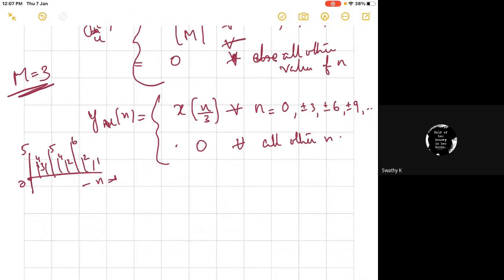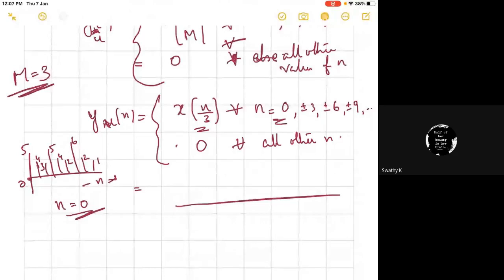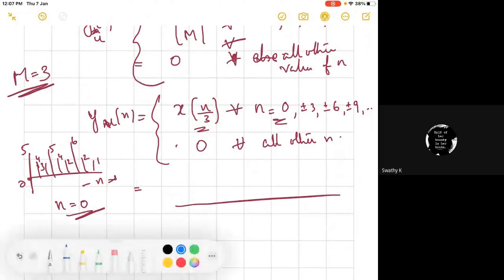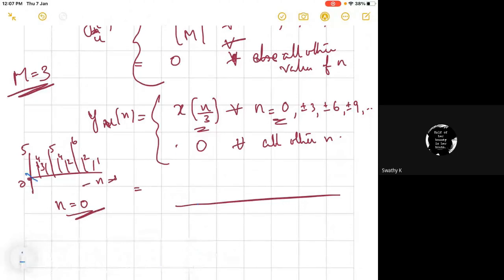To upsample this, for n equal to 0, x of n by 3 is x of 0, so y of 0 and x of 0 are the same, so you write the original value 5 here. Then what about n equal to 1? It doesn't belong to the multiples of 3, so it should be 0.